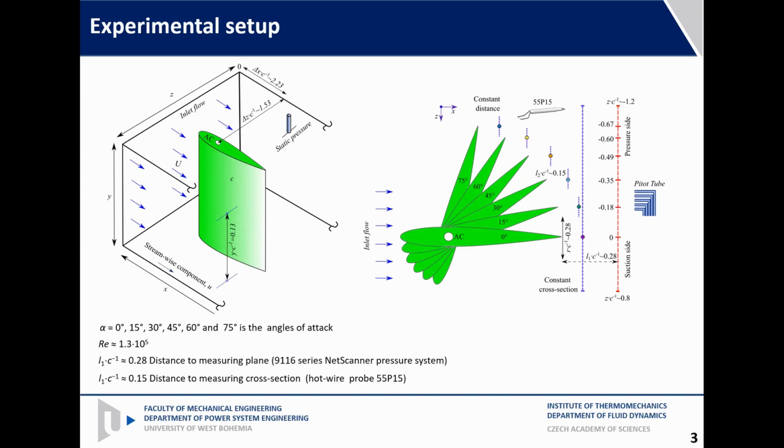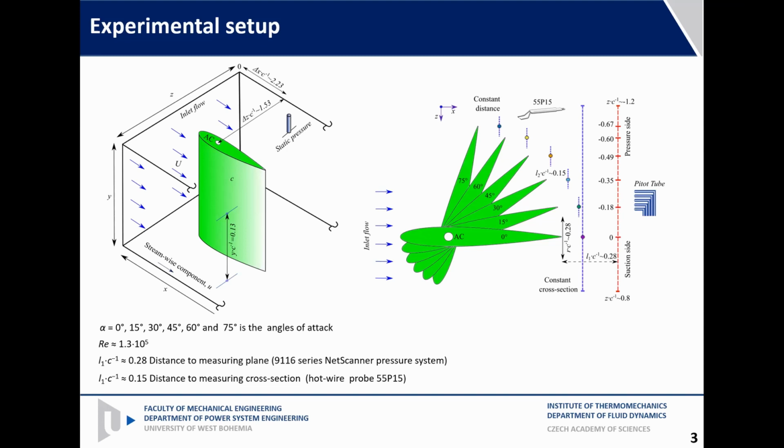For the first method, we investigated a constant line cross section, which is widely used for investigating the structure of turbulence, because of course it's easier. For the second case, we tried to keep a constant distance between the trailing edge and the measuring points, approximately 0.5 L divided by chord.